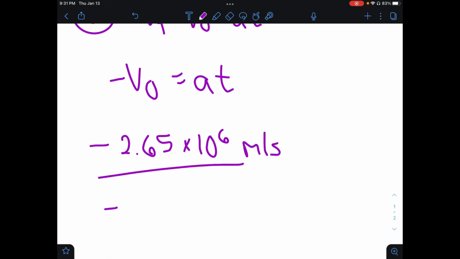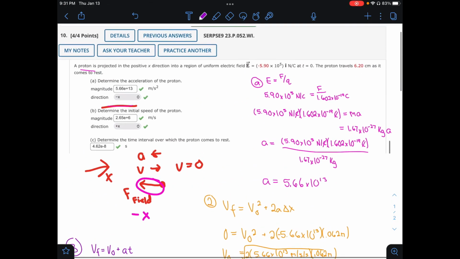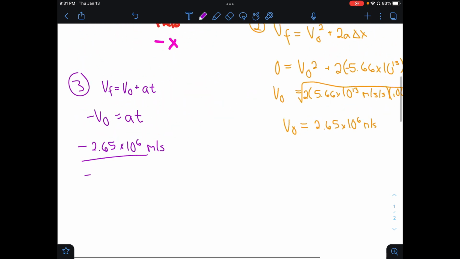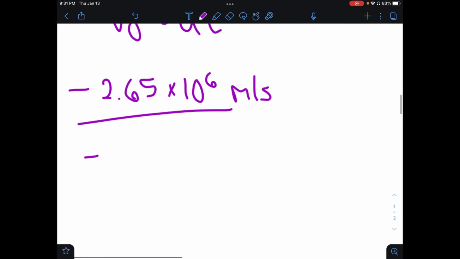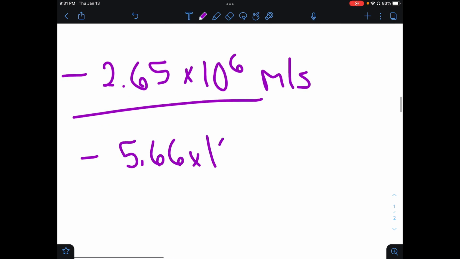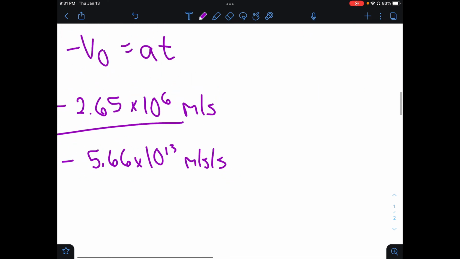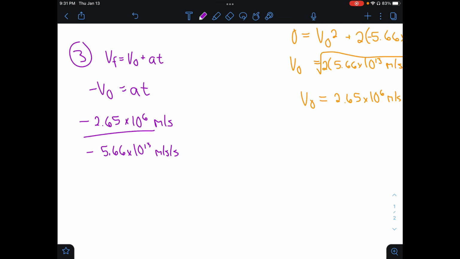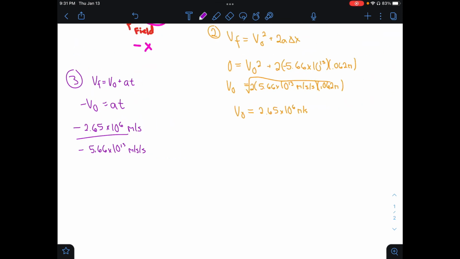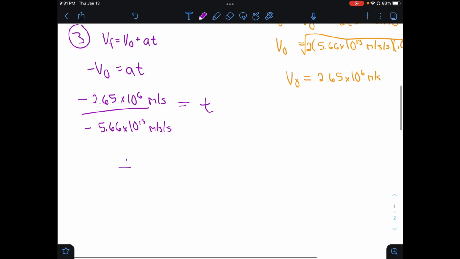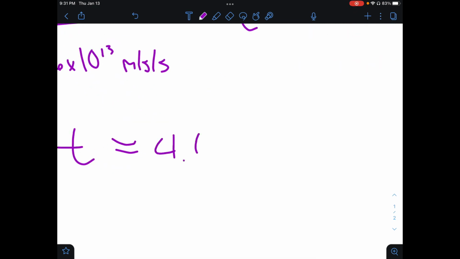Of our acceleration, which again would have a negative sign because of its direction in this first part, the value, which I forgot, is 5.66 times 10 to the 13th, I believe, meters per second squared, and the units will cancel. T equals 4.62 times 10 to the negative 9 seconds.